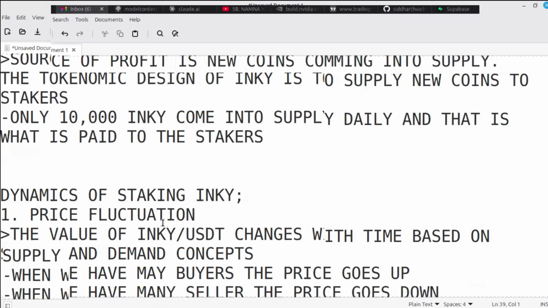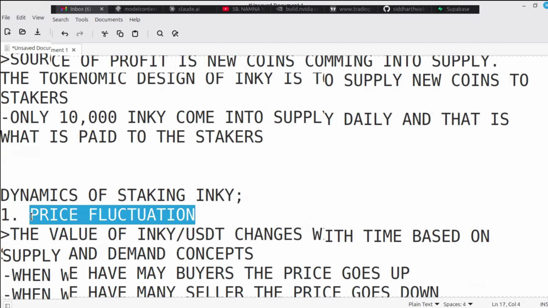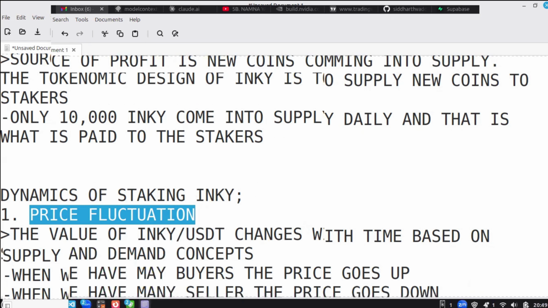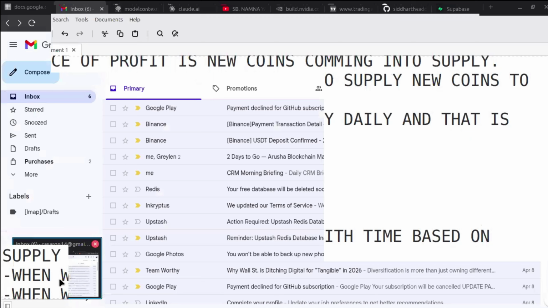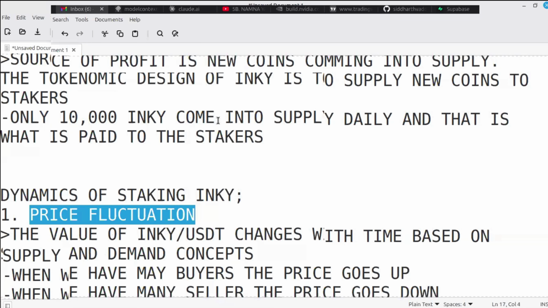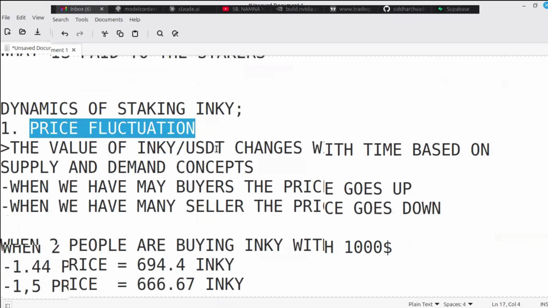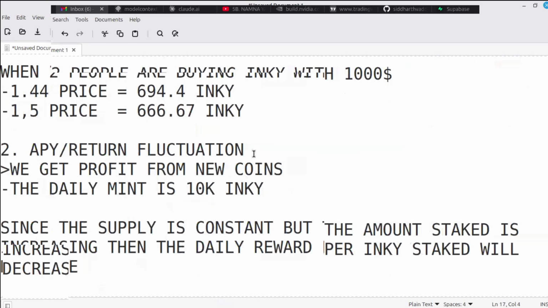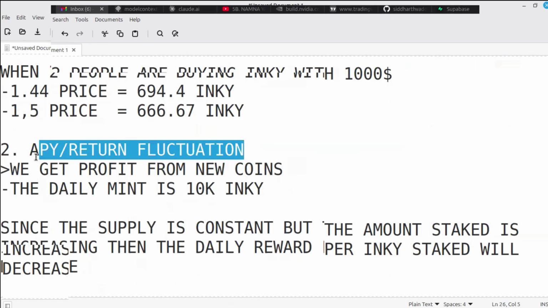It means that the price fluctuates, the value of ink fluctuates. I'm going to share a screen with you. I hope I have it open here somewhere. I'll just open it for you and we can see. And other than price fluctuation, we have the change in terms of the returns that we get.